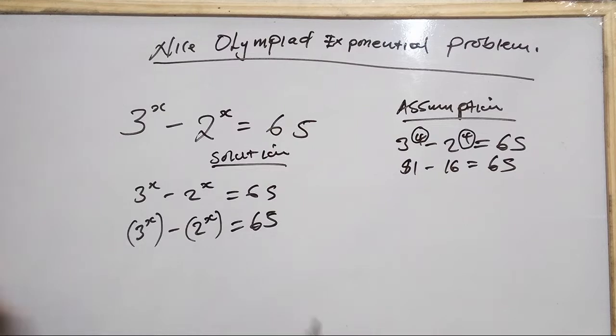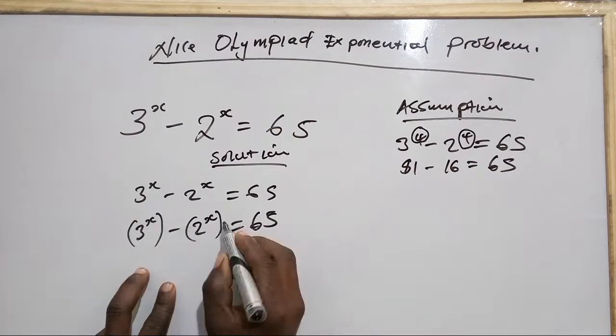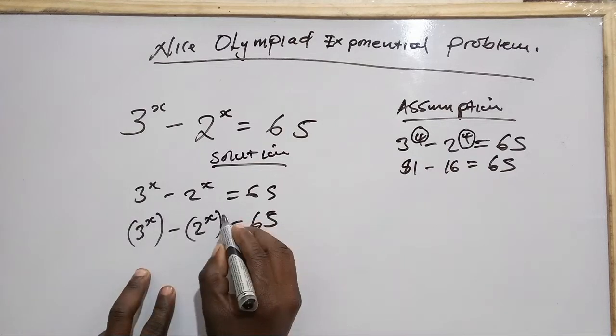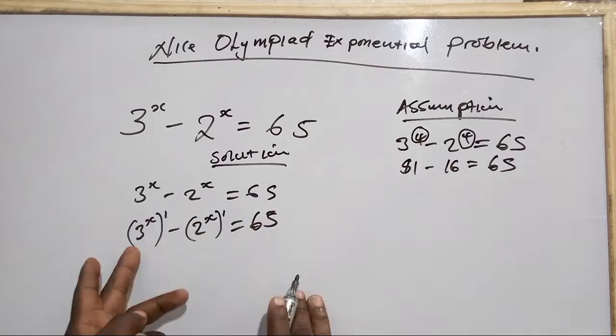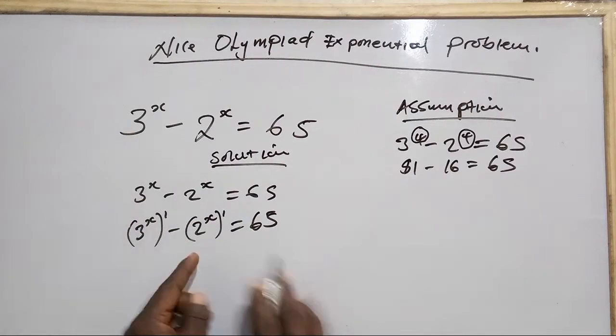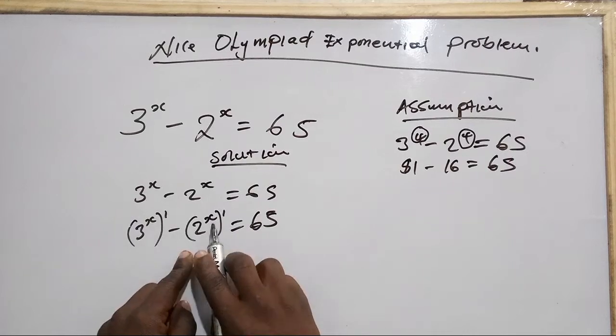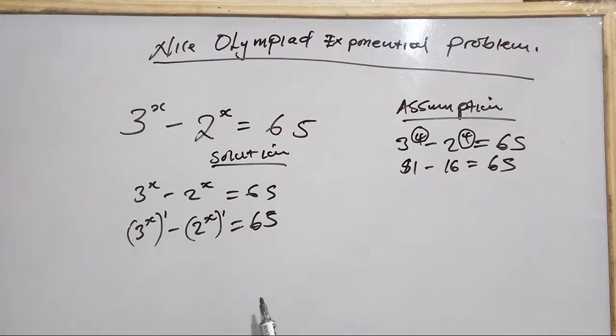There are invisible numbers here, power 1, power 1, because 3 to the power x power 1 is the same as 3 power x, and even here, 2 to the power x to the power 1 is the same, 2 power x.